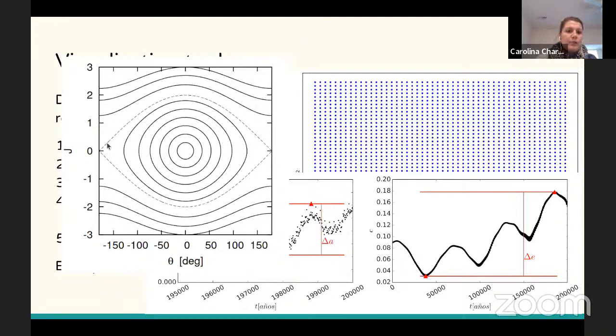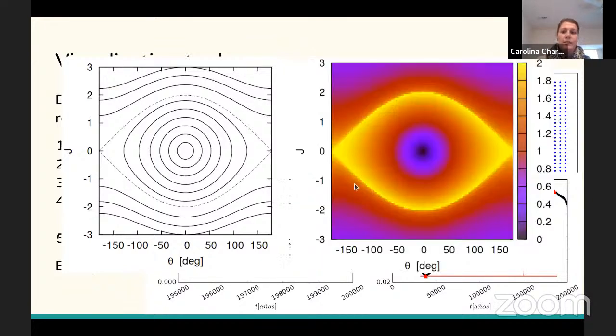So now imagine that we divide this plane in a grid of initial conditions, let's say 100 by 100, and we integrate them, and we plot the variation of, for example, the eccentricity. And so we see the different colors: in yellow, we have large variation of the quantity that we're plotting, and we see that here we have different motion than the yellow one here.